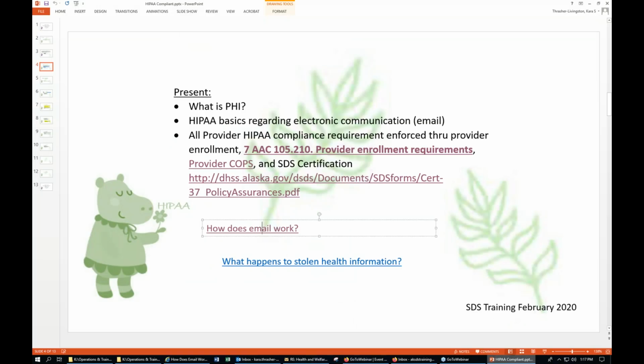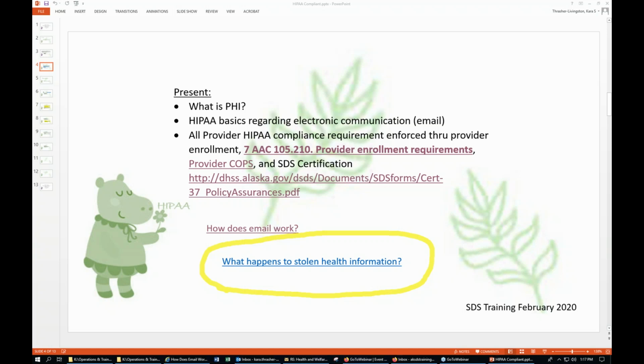We'll go ahead and pull this up again. So if something gets lost or stolen or shared or intercepted and there's information there, what do you think happens to stolen private health information? In your opinion, what do you think happens to that information? Is it good information to get? Would somebody who's out there to steal information, what would they do with that?